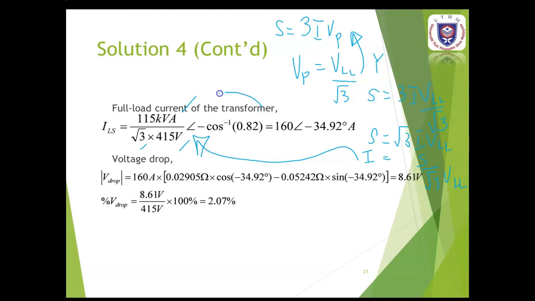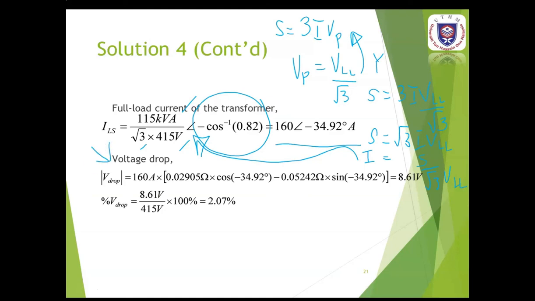Now you calculate the angle for the current: negative cos minus 1 of 0.82. You get the current for the transformer as 160 amperes with the angle negative 34.92 degrees. Now you calculate the voltage drop.